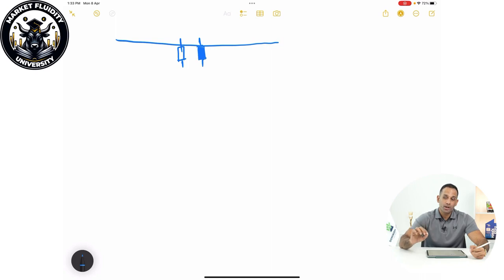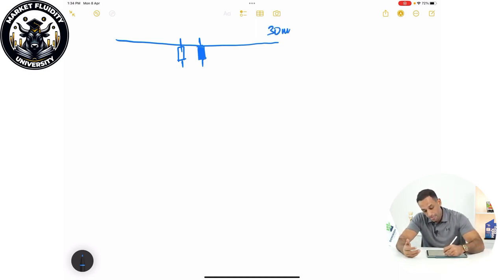Now, we know that whenever a resistance is formed, we're trying to sell a downtrend. Whenever you have a downtrend, it's going to create resistance and it's going to continue to push down. That's something we have to look for. And whenever you're looking at a downtrend, it's going to be forming a resistance, and we know that the best possible outcome on this is going to be on the 30-minute time frame, all the way up to the 1 hour, and all the way up to the 4-hour time frame.